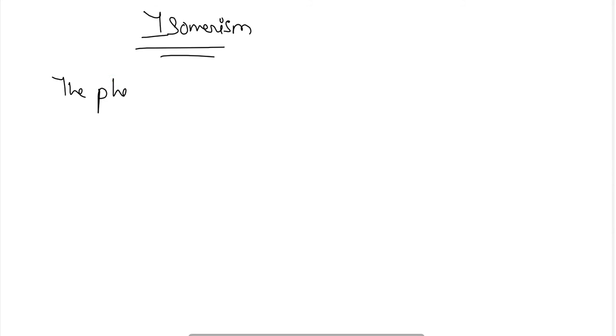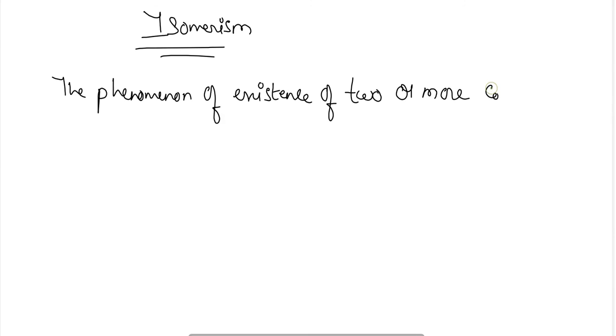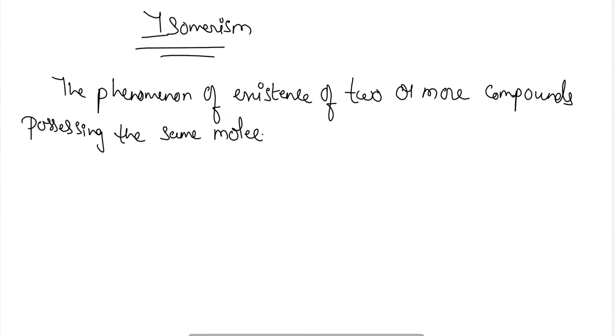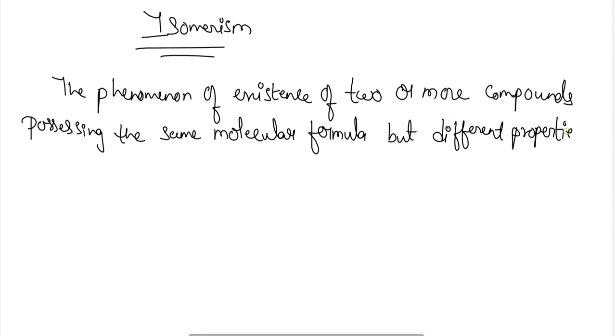The phenomenon of existence of two or more compounds possessing the same molecular formula but different properties is called isomerism.